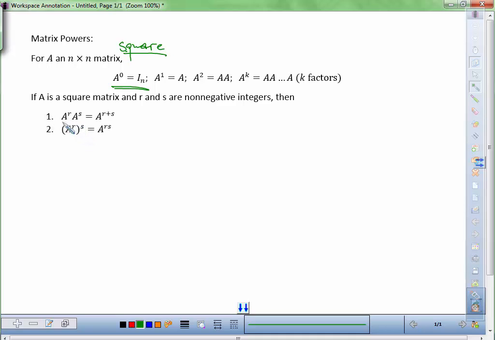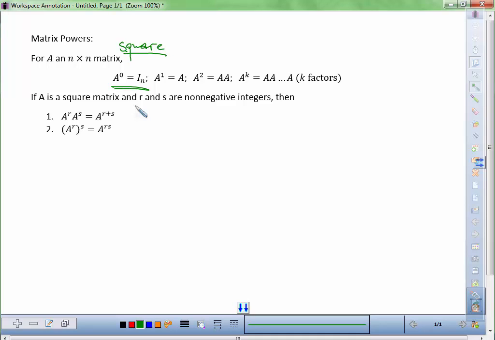And then we also have the basic power properties for real numbers that also work for matrices. If you have a matrix to a power times a matrix to a different power, it's the same thing as adding the powers.